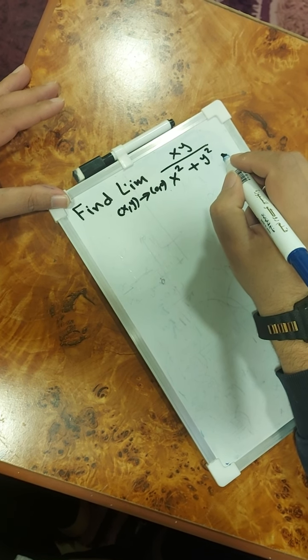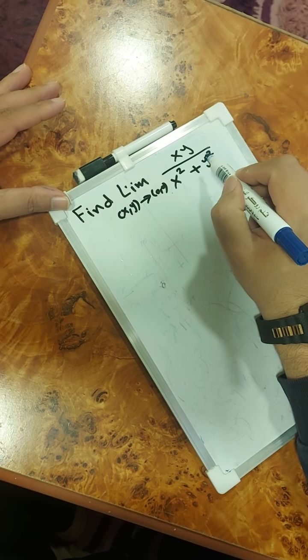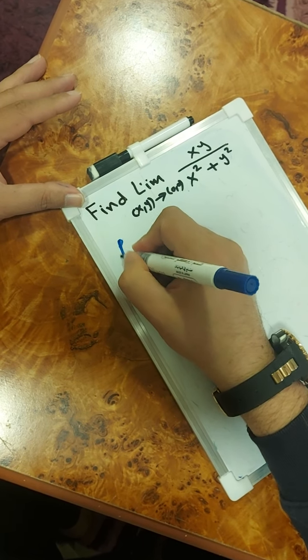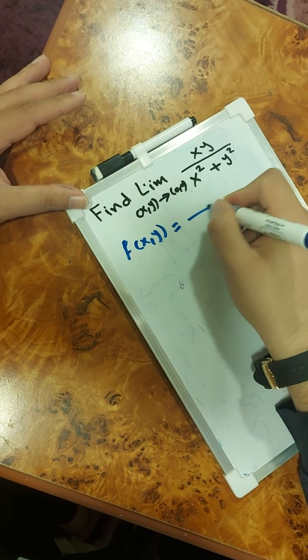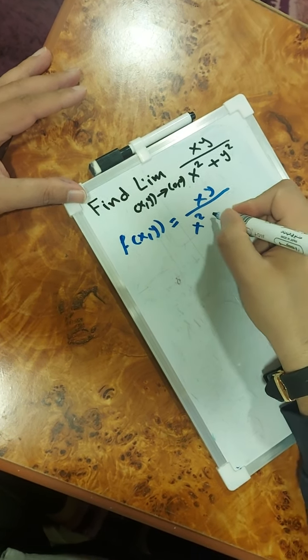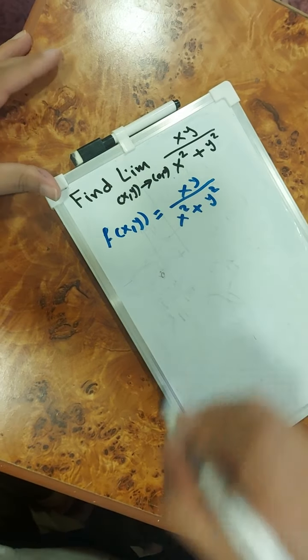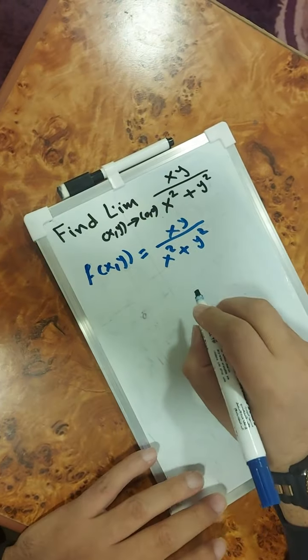It is clear that if we define the function f of x and y equals x multiply y over x square plus y square, this function is a function in two variables.